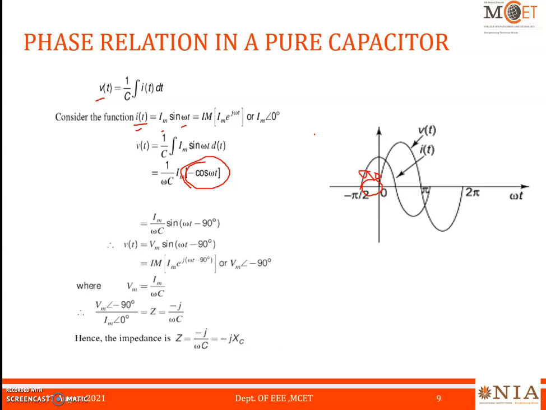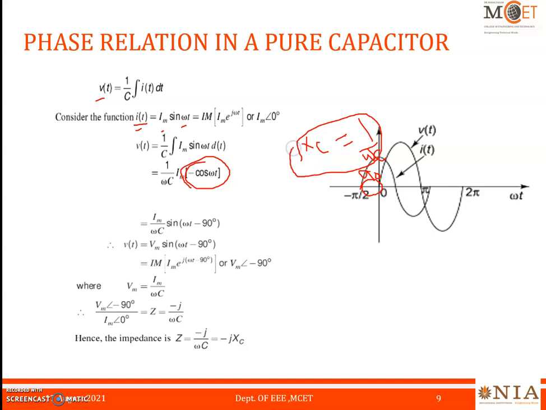That's why, whenever you have a capacitance in the circuit, you will have a leading power factor. Here Xc is nothing but capacitive reactance, represented as 1 by omega C. So when you have a pure capacitor, the impedance value is the capacitive reactance, equal to 1 by omega C.